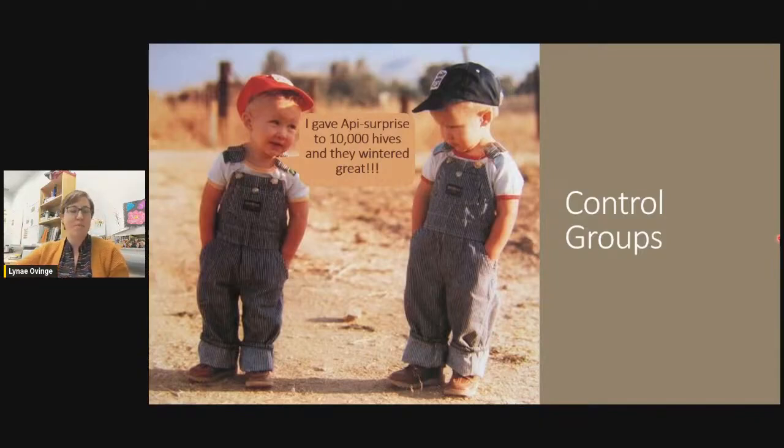This is an image that maybe some of you farmers are familiar with that I've always loved. But here I've changed it to say that one of them is saying to the other, I gave Apa Surprise to 10,000 hives and they wintered great. And that's my word for whatever bee treatment we're getting next.